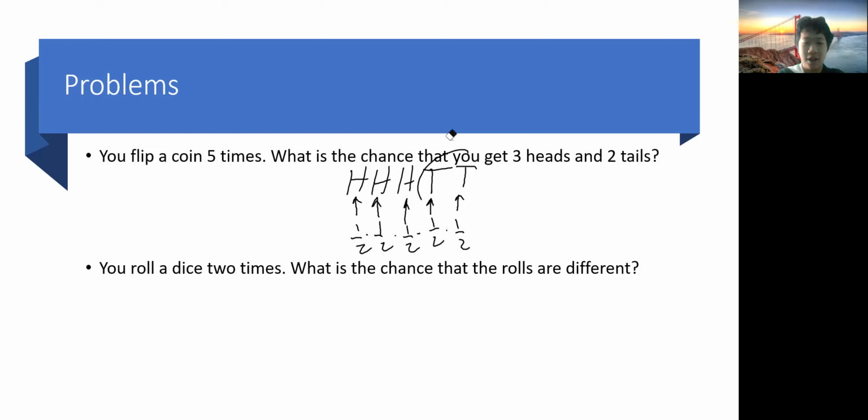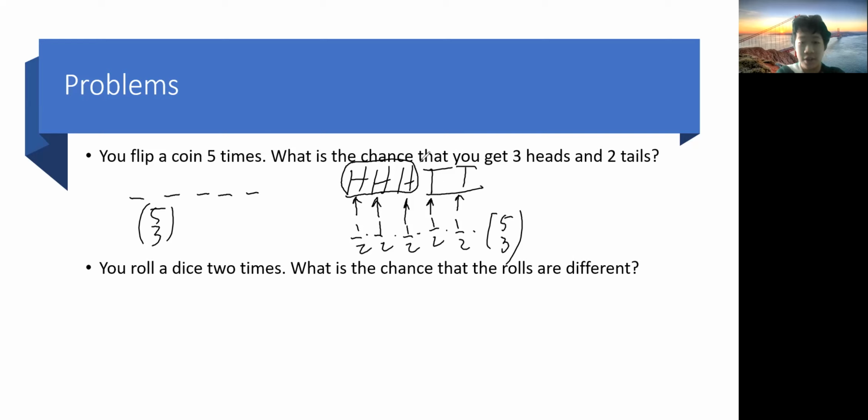So how many ways can I have 3 heads and 2 tails? Well, I have 5 spaces. I can choose 3 spaces for the heads, so that would be 5 choose 3. If I choose 3 spaces for the heads, the tails fall in line. So I have 5 choose 3 ways of doing this.